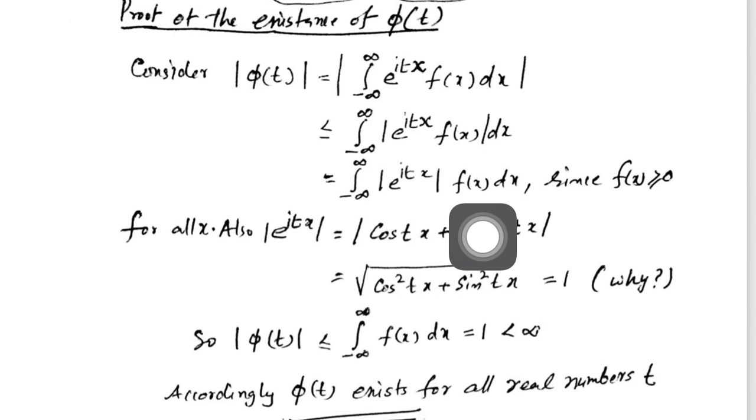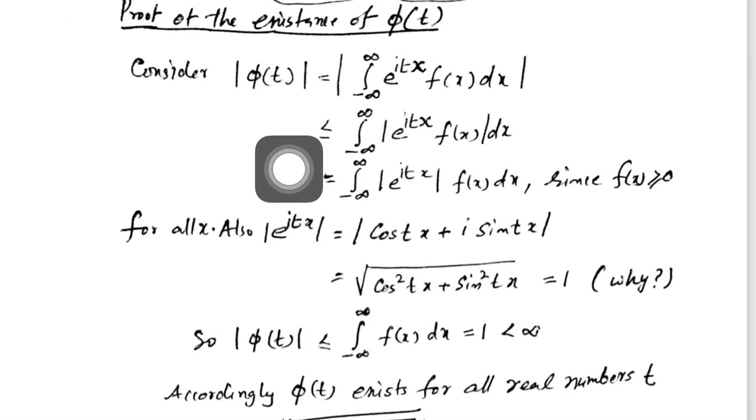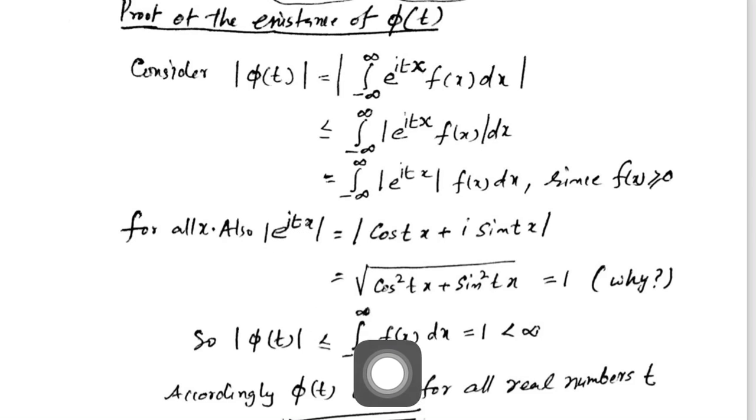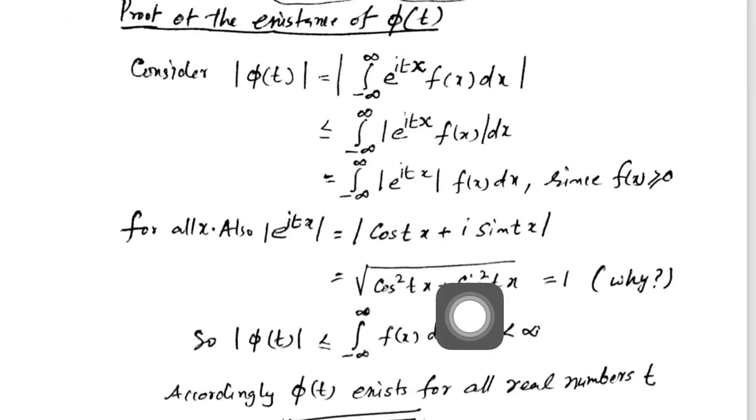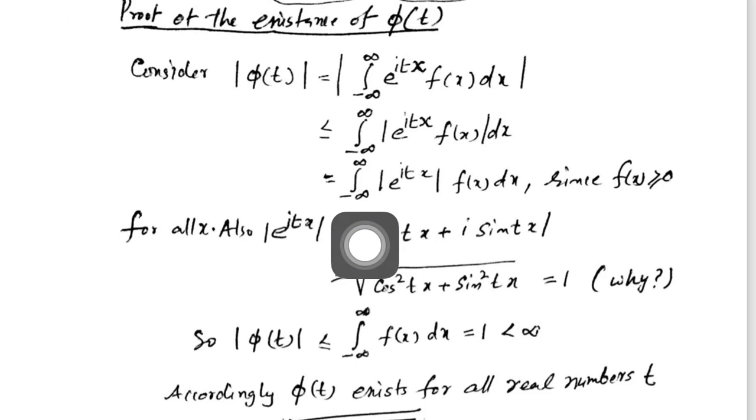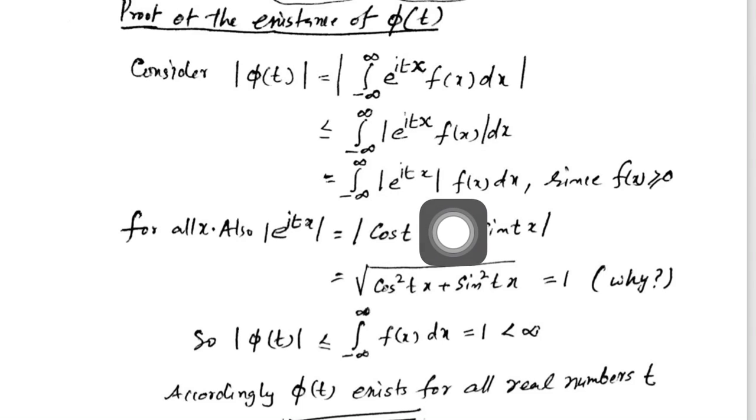As a result you see that the modulus of phi of t is less than or equal to 1, because while replacing the modulus of e to the power of itx by 1, the right hand side of this expression is equal to the integral from minus infinity to infinity of f(x) dx.